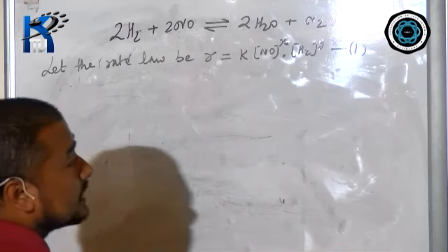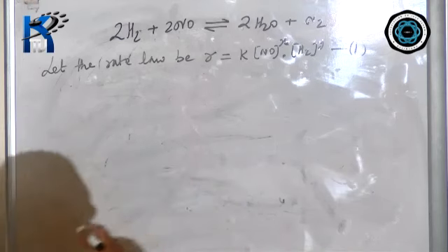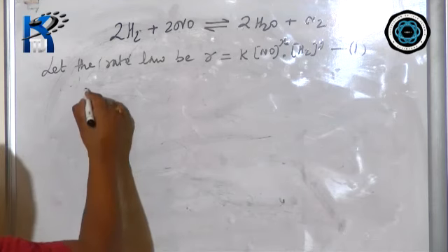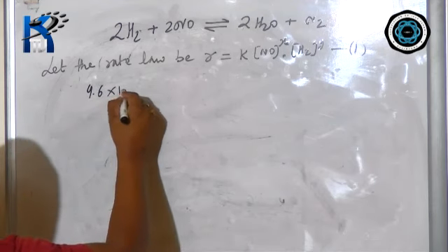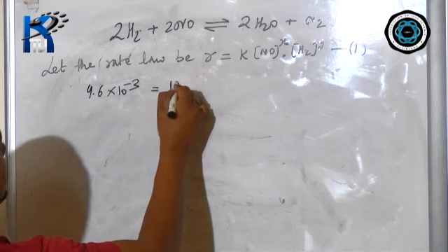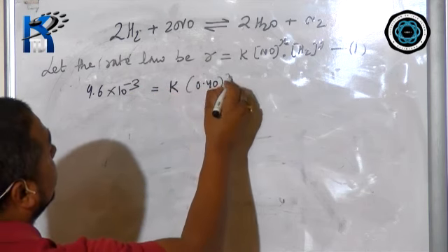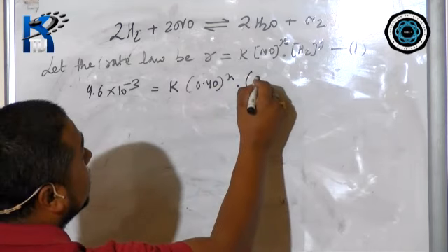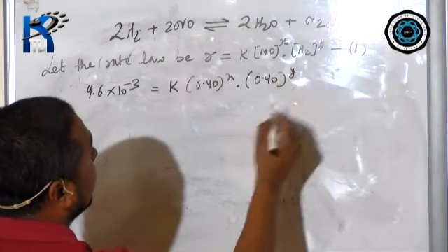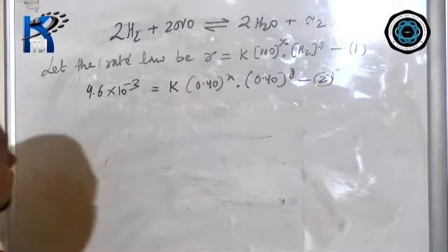Let us see the value of R for the first experiment. For the first experiment, R is 4.6 × 10⁻³ = K [0.40]^X [0.40]^Y. Let it be equation 2.